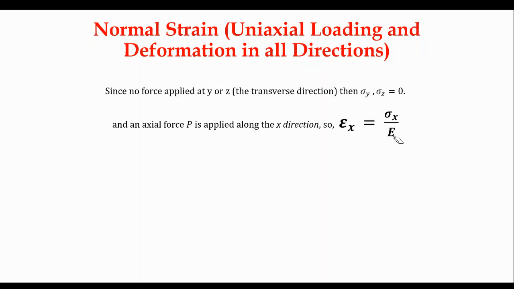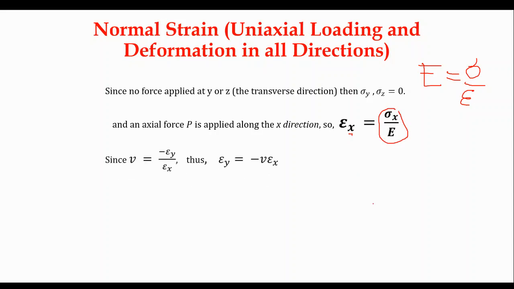Sa x. So of course, the general relationship, diba, is modulus of elasticity is equal to the stress over strain. So therefore, strain is stress over E. So if x ang atong gina-solve, then strain sa x is equal to stress sa x over E. Tama?